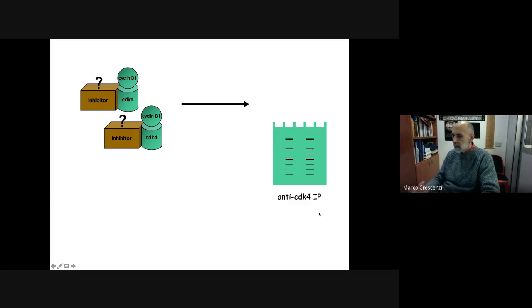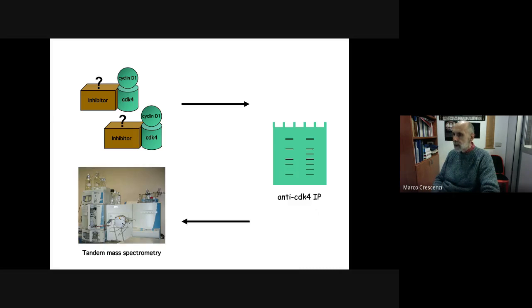We then looked for proteins co-precipitated with CDK4, proteins that in vivo in the cell bound CDK4 and thus were precipitated together with CDK4 by an anti-CDK4 antibody. And then eventually we identified the co-precipitated proteins by means of mass spectrometry.